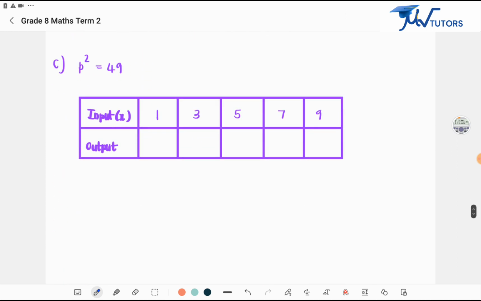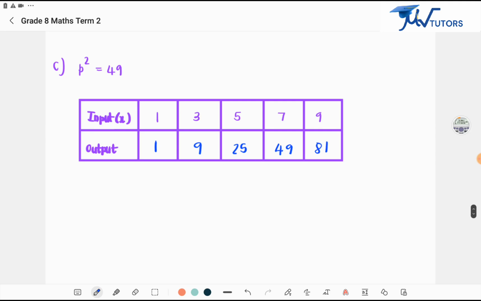Now let's go to C. We have p squared is equal to 49. If we substitute 1 in the place of p, we're going to get 1 squared. 3 in the place of p, 3 squared is 9. 5 squared is 25. 7 squared is 49. 9 squared is 81.